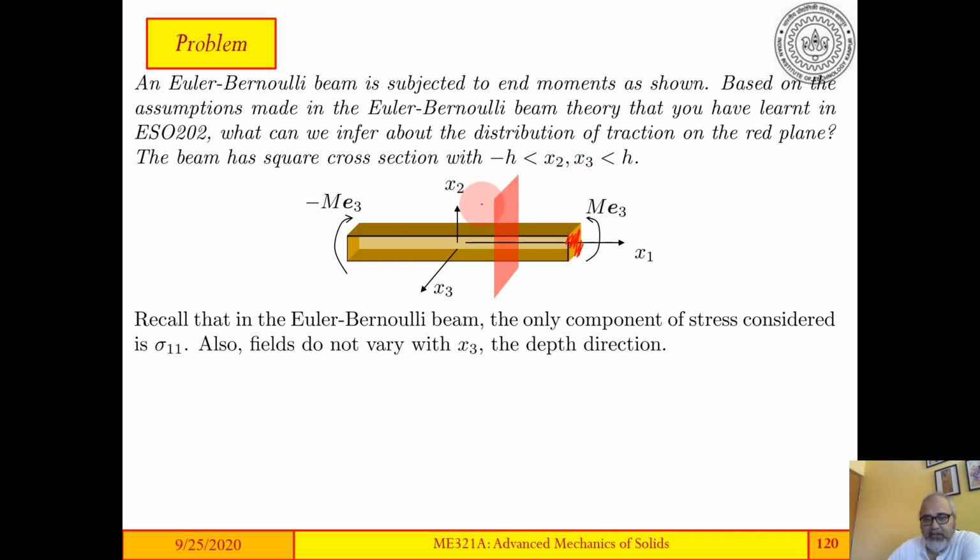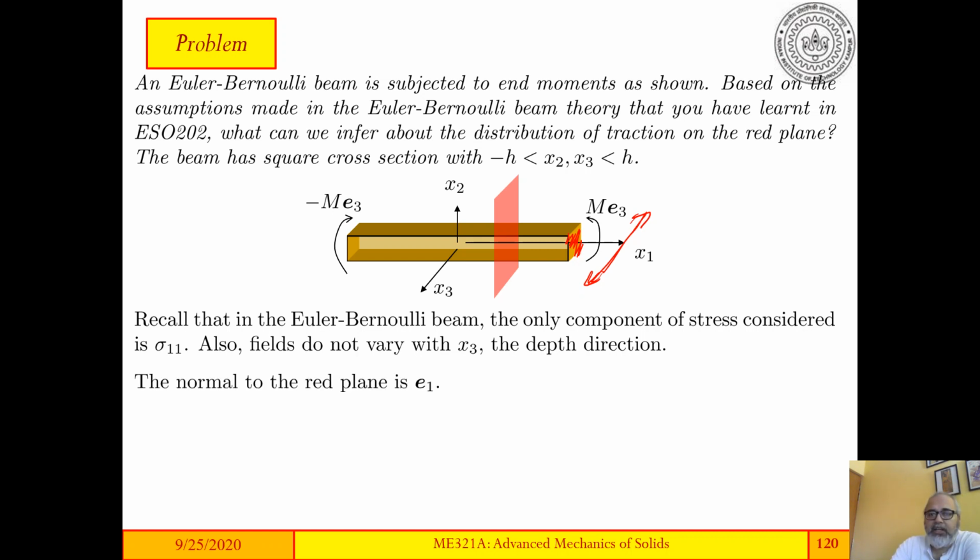We also assume in the Euler-Bernoulli beam that things don't vary in the x3 direction. Everything is a function of x1 and x2 only; the stresses are invariant in the x3 direction.